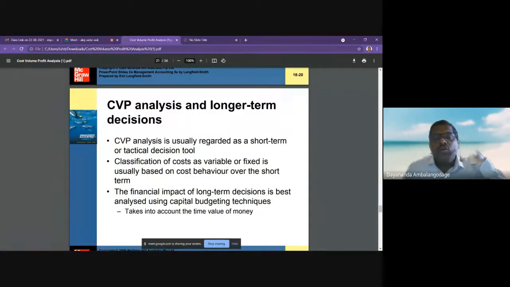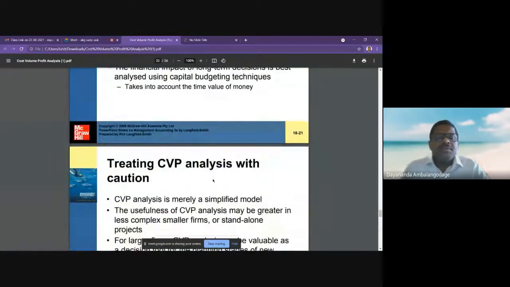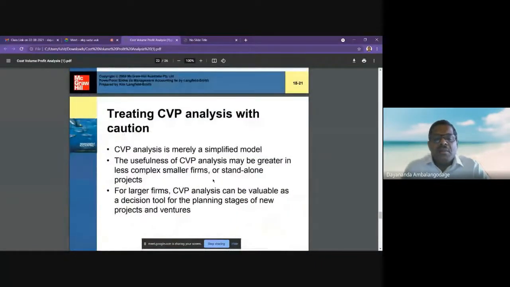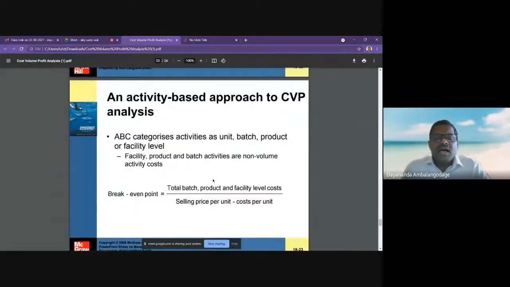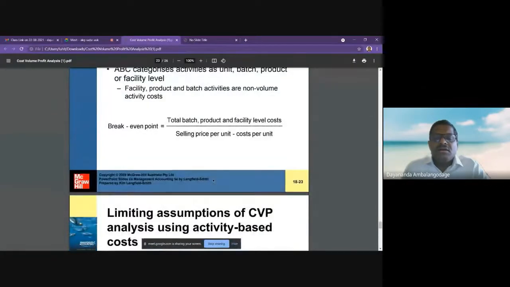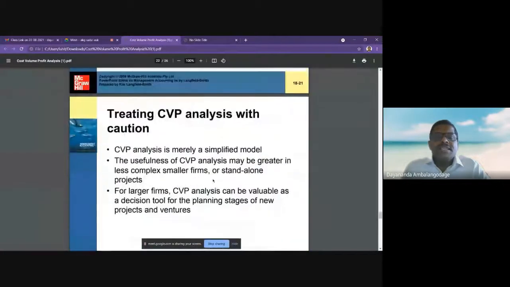But if you want to go for a longer-term decision, as we discussed in capital budgeting last week, capital budgeting techniques, NPV, IRR, profitability index and time value of money will be applicable. But when you do CVP analysis, you have to use it very carefully.